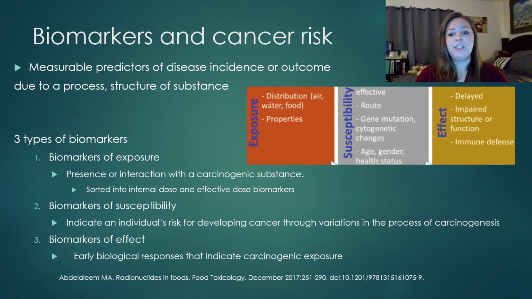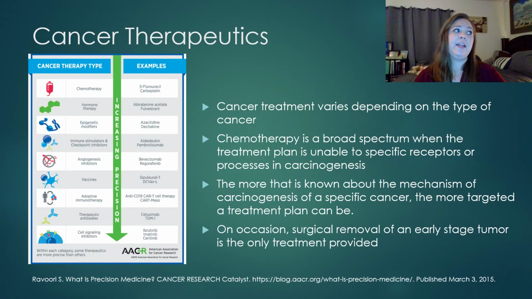So next, we're just going to touch a little bit on cancer therapeutics and how the treatment of cancer is now. It varies greatly depending on which cancer is present. So chemotherapy, as you can see at the top, as it goes down the chart, you see increasing precision.